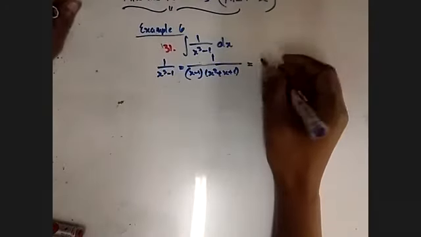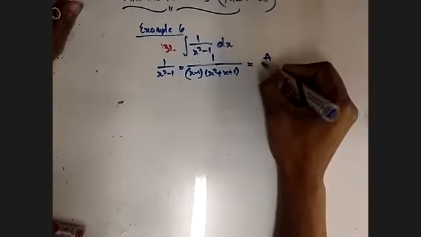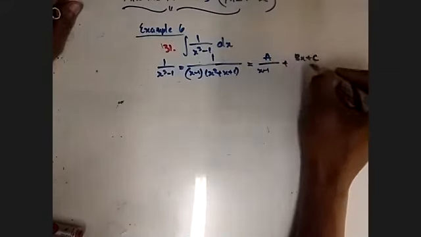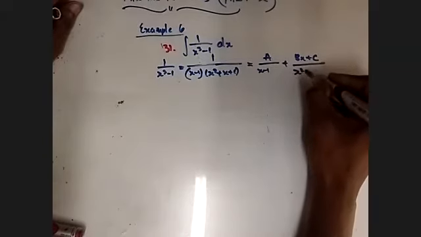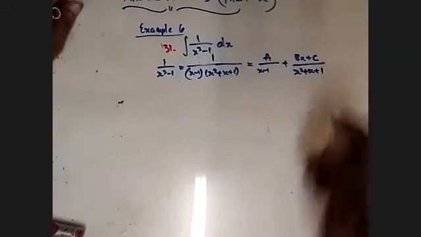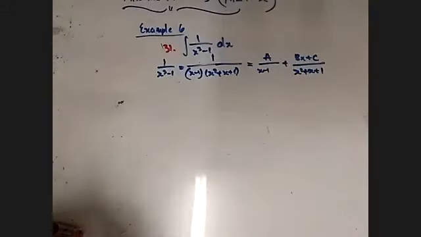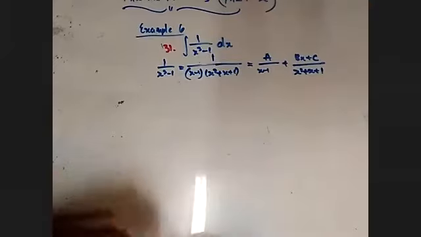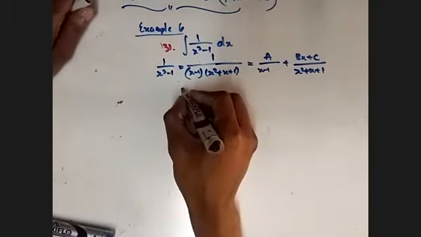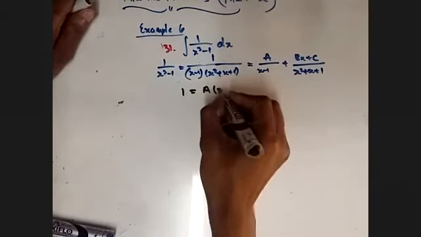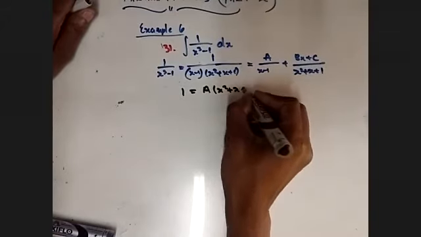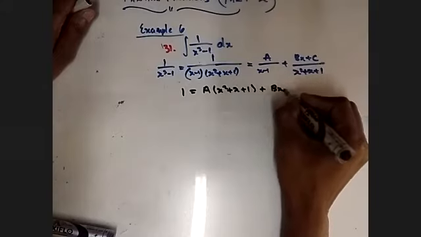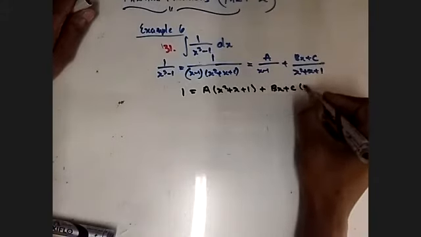We're going to do A over x minus 1 plus Bx plus C over x squared plus x plus 1. What's going to happen is we multiply on both sides with the denominator. We have 1 equals A times x squared plus x plus 1, plus Bx plus C multiplied by x minus 1.